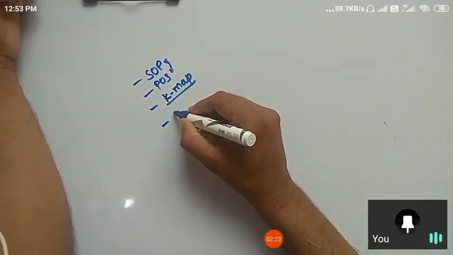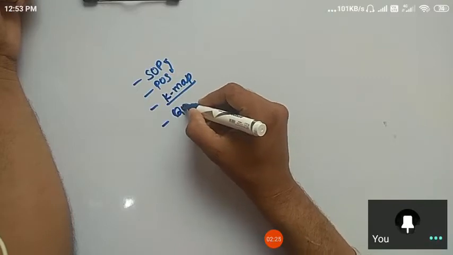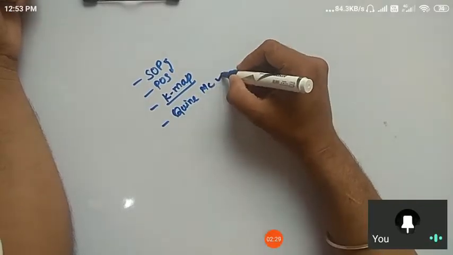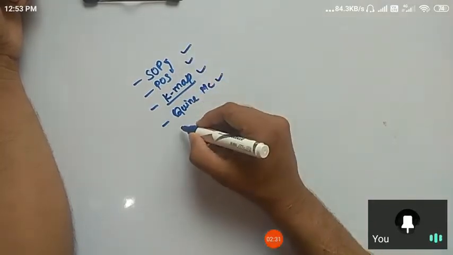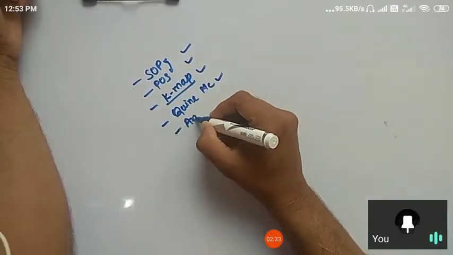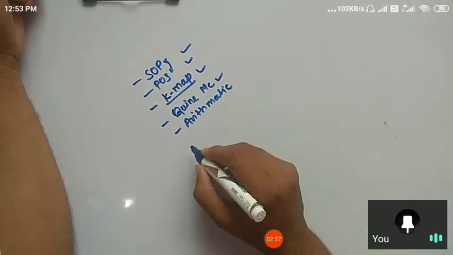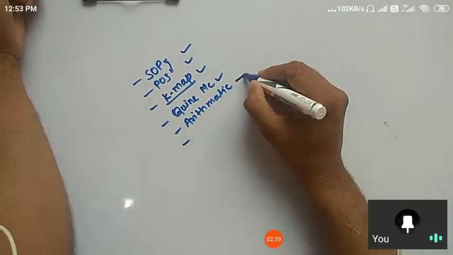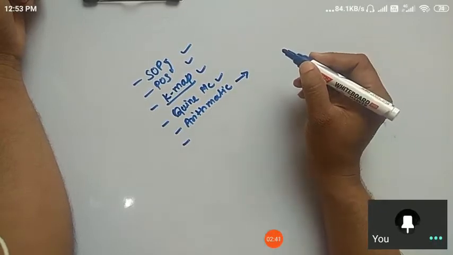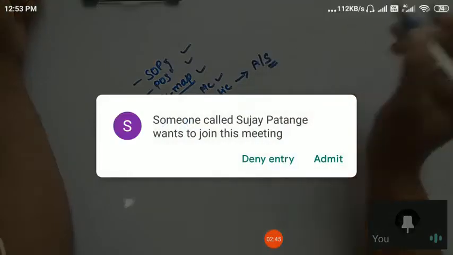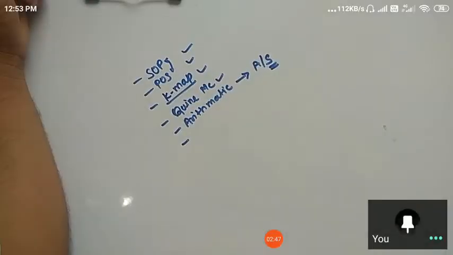At the last point they have gone for the Quine-McCluskey method also, that we have also covered, all these 4 topics. Now remaining is the arithmetic circuits in the design examples, that we are going on with. Already we have covered the adders, now we are going to cover subtractors today.